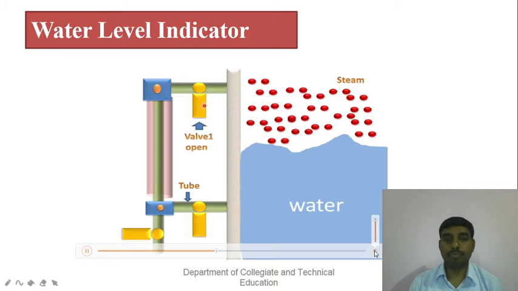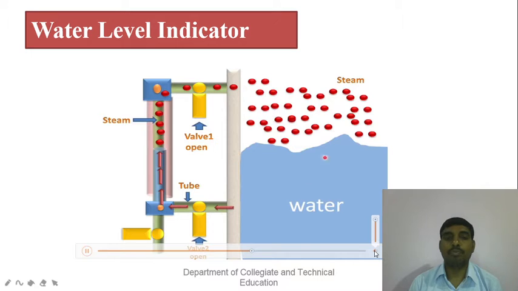When valve 1 opens, the steam will go into the tube and reach there.